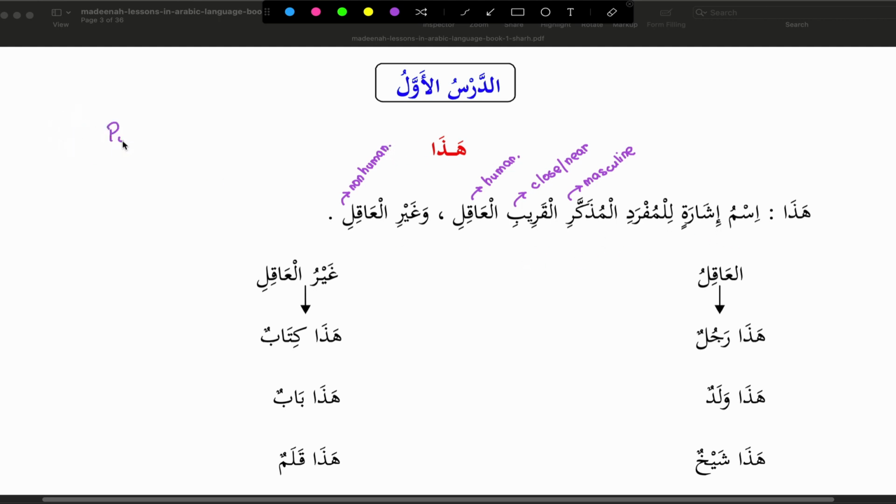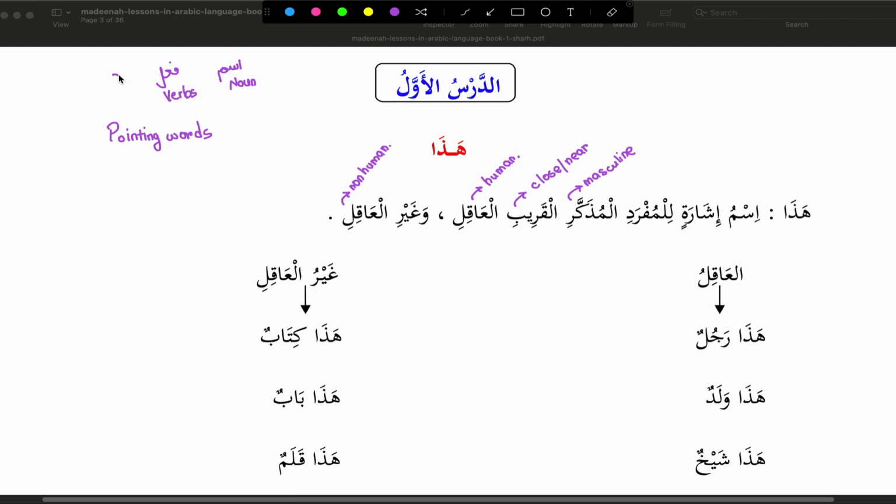In Arabic, we have these things called pointing words. Now, and also in Arabic, we have ism, which is roughly translated as noun. Then we have fi'l, which is roughly translated as verbs.